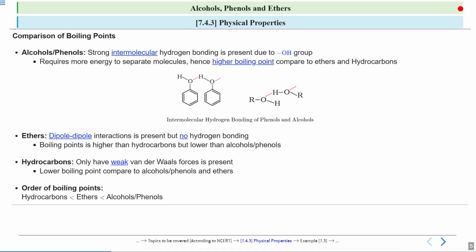You have to provide less energy because dipole-dipole interactions are weaker as compared to hydrogen bonding, so the boiling point will be less. In hydrocarbons, there are weak van der Waals forces, so it will have a lower boiling point compared to alcohols, phenols and ethers. So this is the order of boiling point.